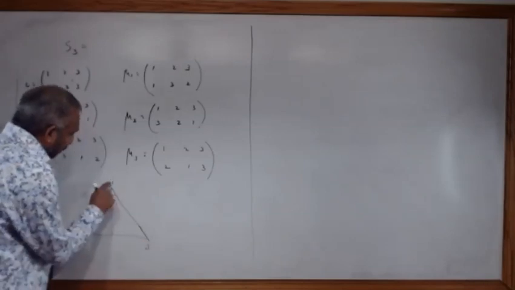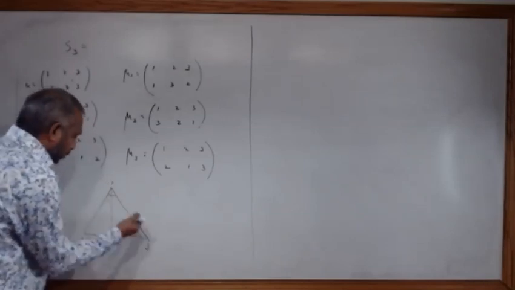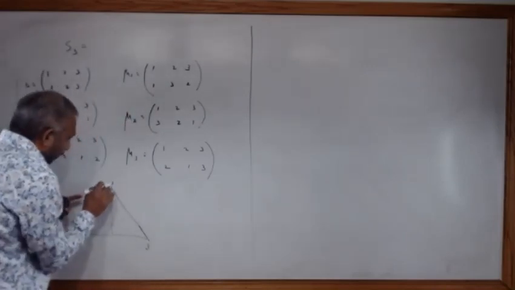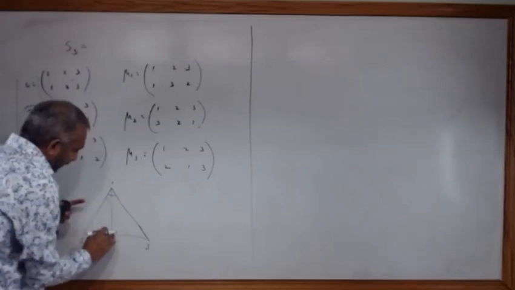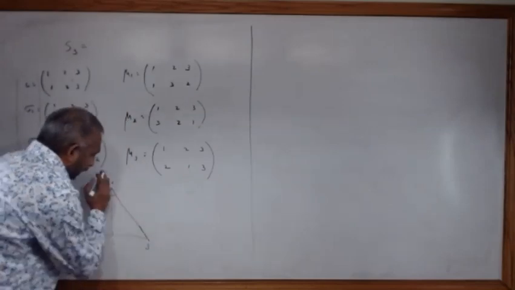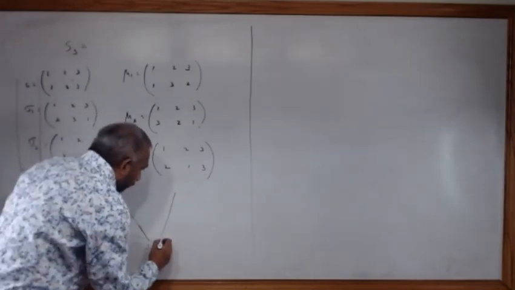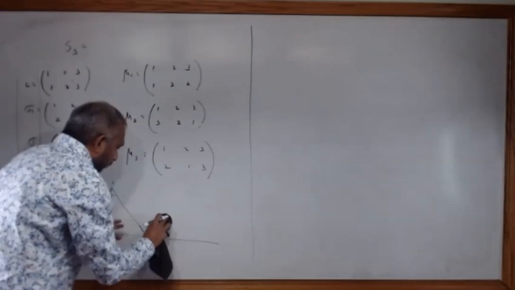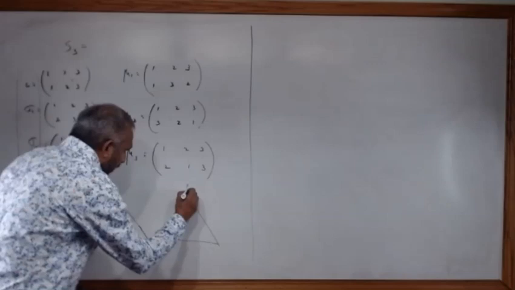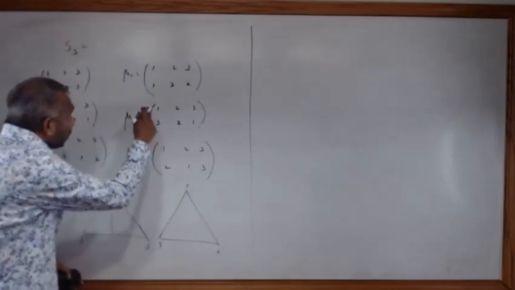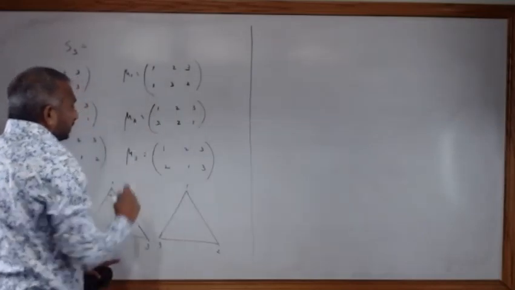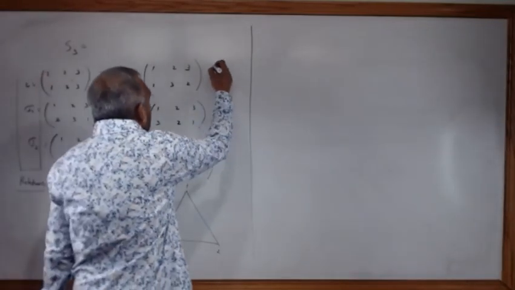You keep this one as it is, but you twist here. So 1 goes to 1 because I'm not going to change 1. This is the axis which you are going to rotate about. So you are flipping based on this axis: 1, 3, 2. So 1 goes to 1, 2 goes to 3, and 3 goes to 2. And that is this. So these are all mirror images.